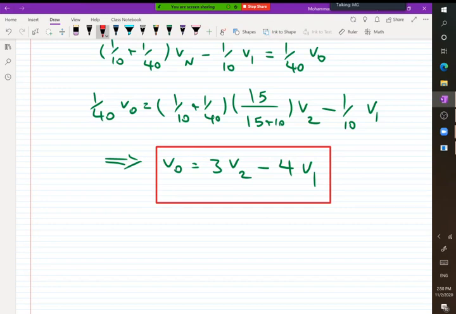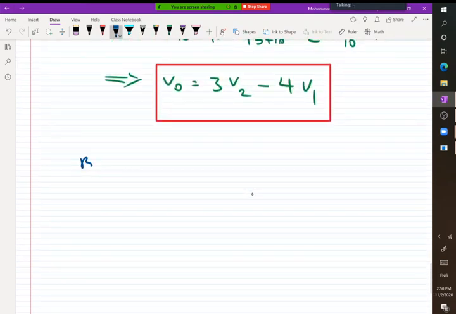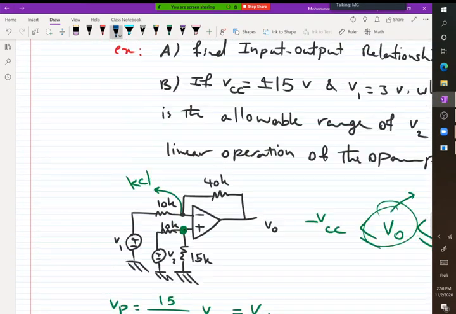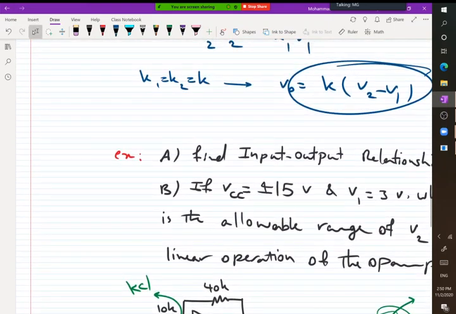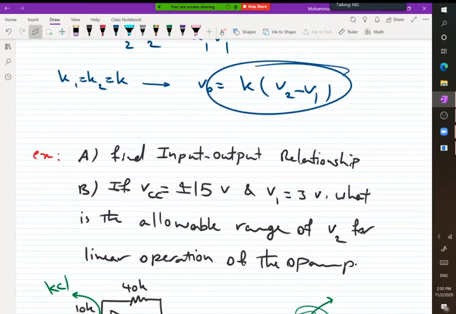Part B says if VCC is plus minus 15 volt and V1 is 3 volt, what is the allowable range of V2 for linear operation of the OpAmp?